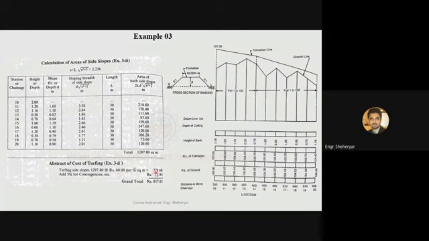Multiply this with this total area, and you'll get the total cost, 778.68 rupees. Add contingency charges 5%, and then add them both, and you'll get the grand total cost of the turfing.